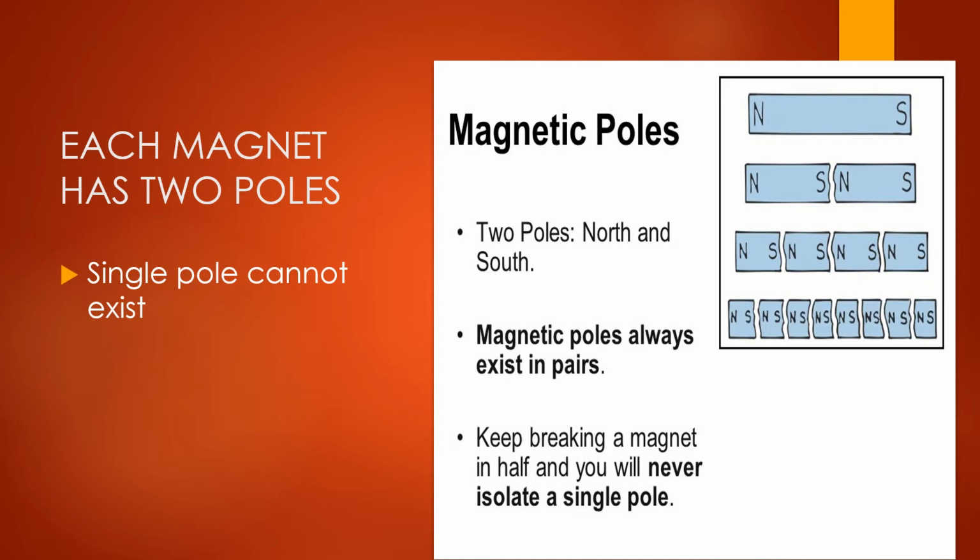If I keep breaking a magnet in half, every time I break it, a north pole and a south pole are created. So isolated poles do not exist.